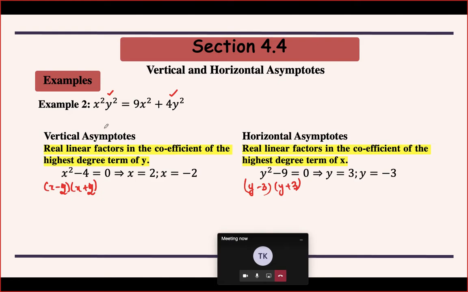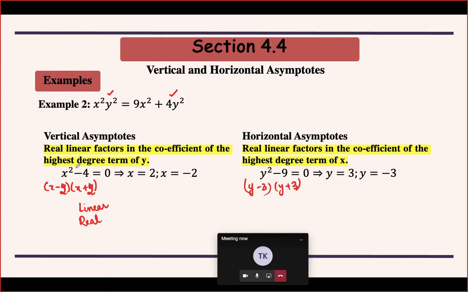Okay, so the coefficient part, y square, x square minus 4 for example, this part should have any number of linear factors, which when solving gives you real roots. So both these things are very important. One is having linear factors, and one is those factors should have real roots. So if that happens, only then you can say.